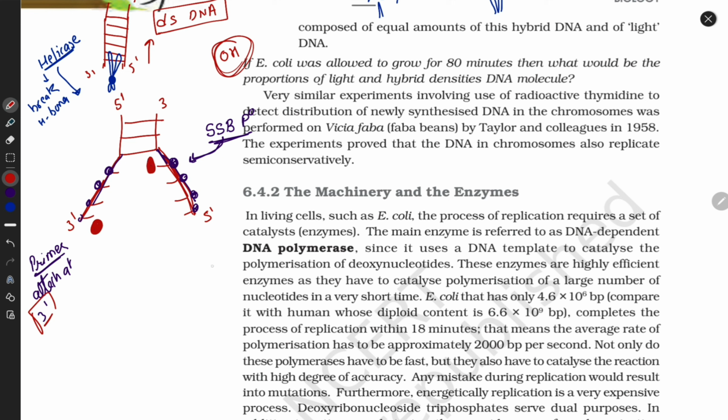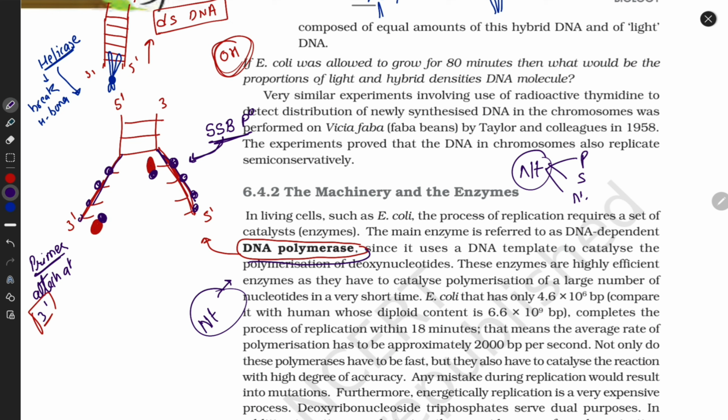The fourth step: DNA polymerase will come and attach on the primer. What does it do? It attaches nucleotides. Nucleotides are made up of phosphate, sugar, and nitrogen base.